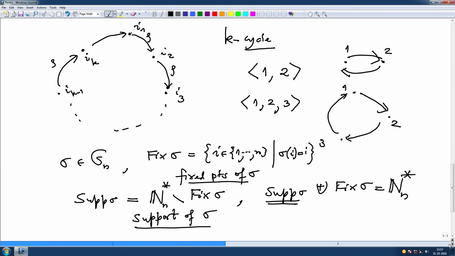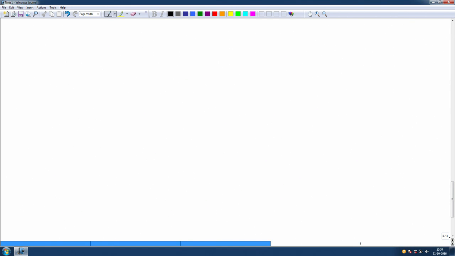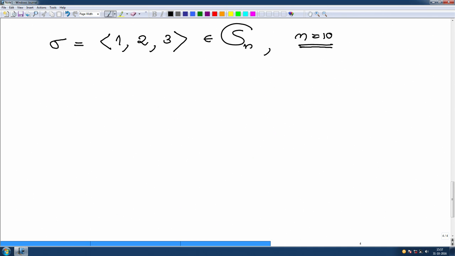So, for example, if I write sigma as a cycle, let us say (1 2 3), and say this is a permutation on n letters, where n could be say 10. This means we are only seeing 1, 2, 3. That means other than 1, 2, 3, every element is fixed.